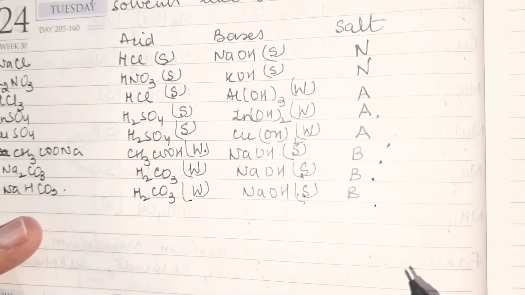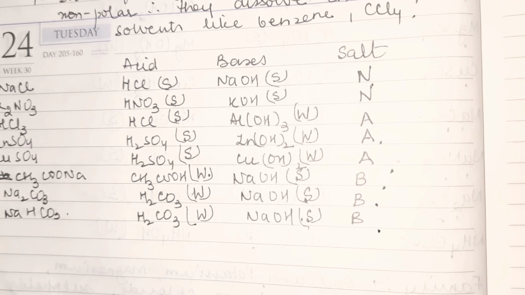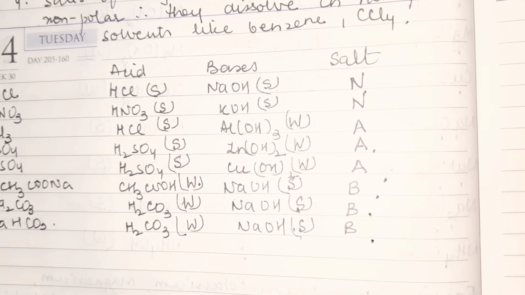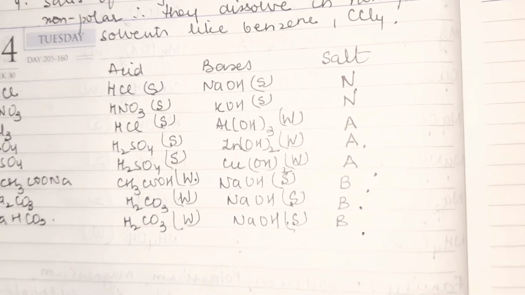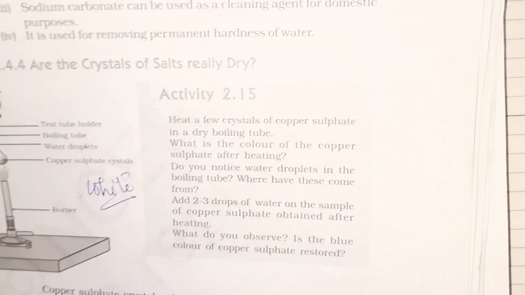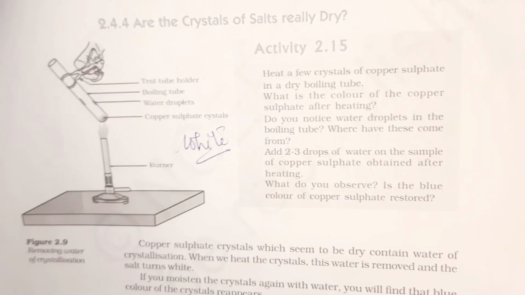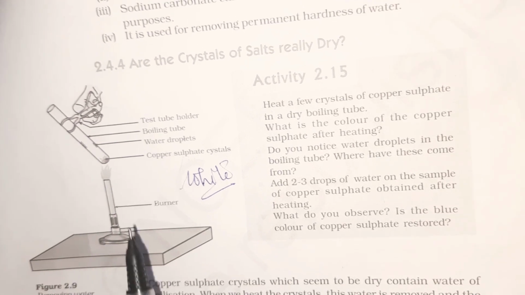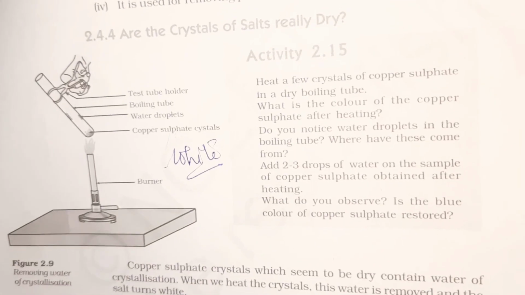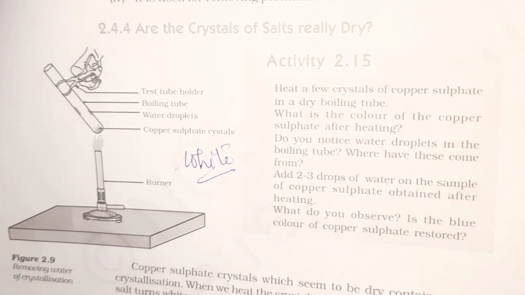Now we move ahead to the last activity of the chapter, which is activity 2.15. If you have watched my video earlier, I've already explained to you about the water of crystallization. Now here in this experiment, we have taken a boiling tube, which is made up of a stronger glass that does not crack on boiling.